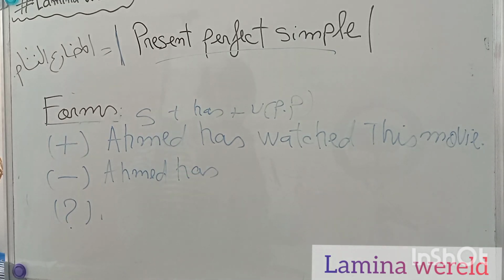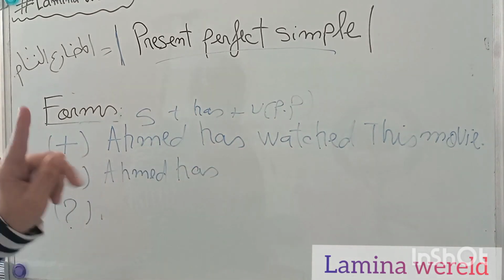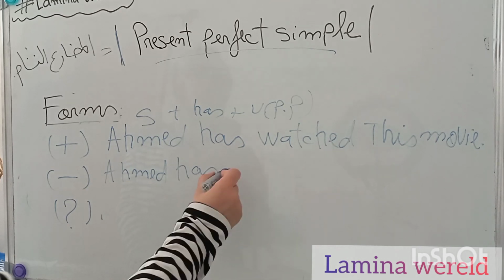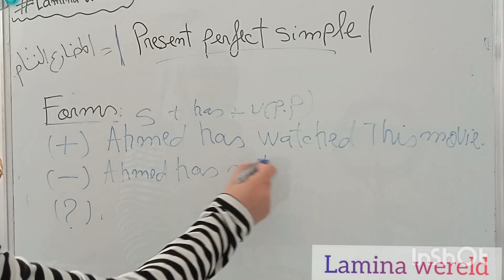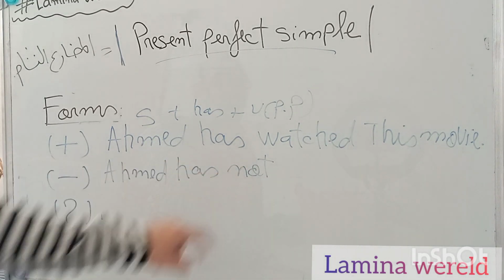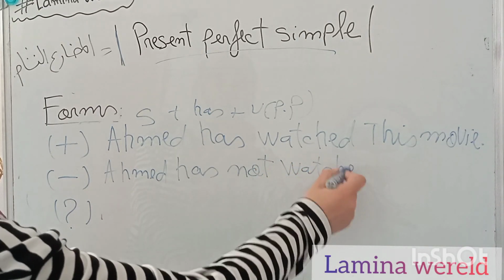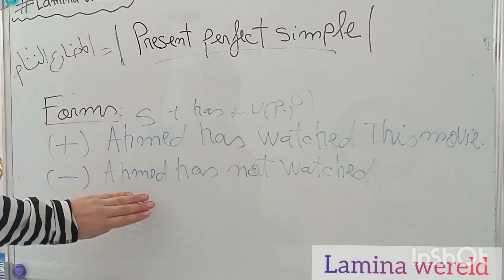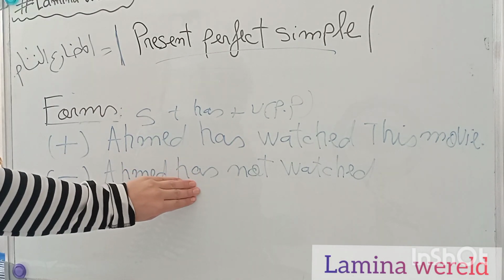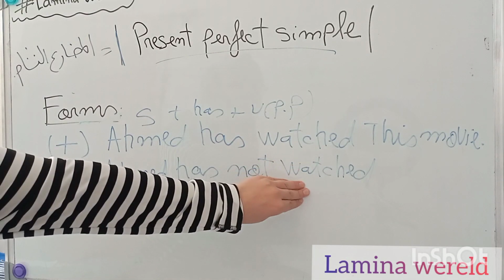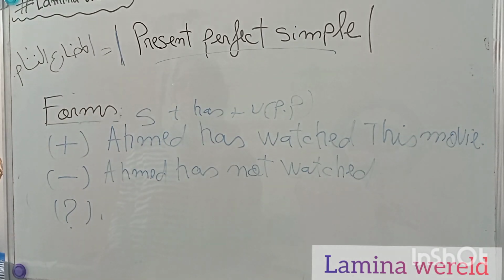And then can we say watched? No, we put something here. What? Not. Ahmed has not watched this movie. So this is the rule. We have subject, have or has, not, and verb in past participle.